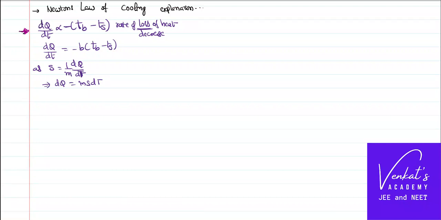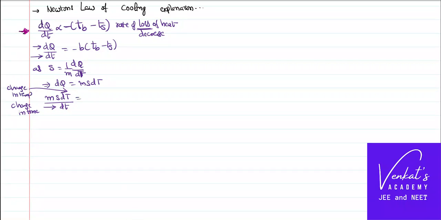So in place of dQ, I can write m s delta T by dt. Be careful: dt in the denominator is change in time, while dT in the numerator is change in temperature. They are not the same, so we shall not cancel them, right?